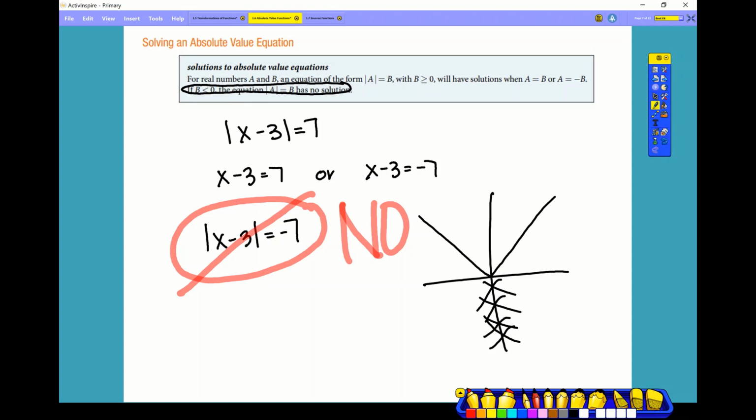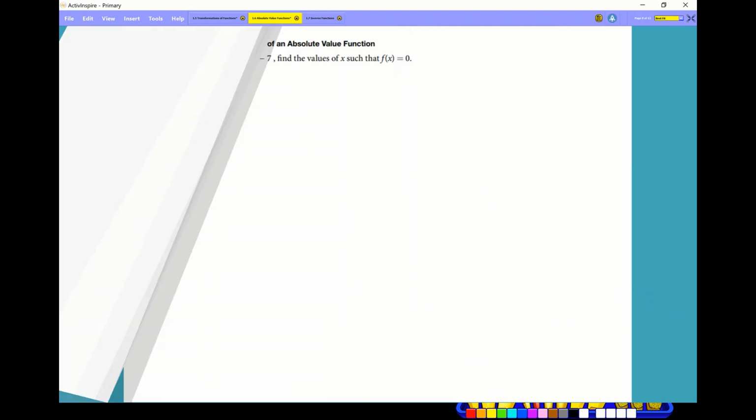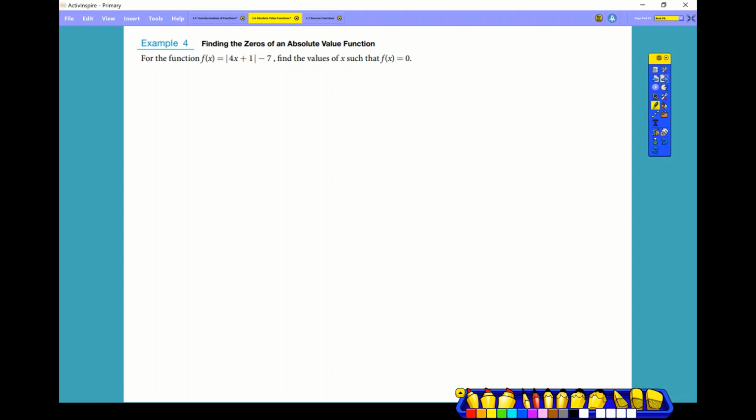So an absolute value cannot be negative. Now keep in mind that an equation with an absolute value in it can be negative, but the absolute value itself cannot be negative. So anything with an absolute value strictly cannot be negative.